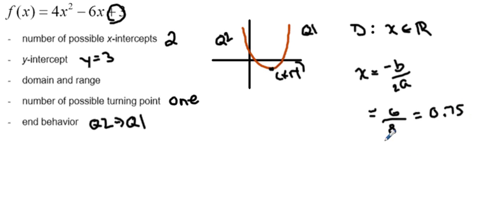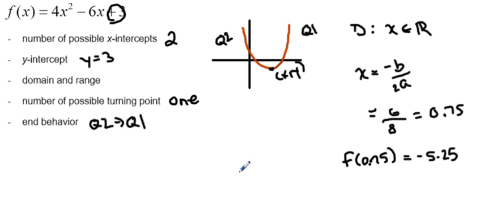Now in order to find out what the range is going to be, I need to find what that function is when x is 0.75. So I need to take this and plug it into my original function for x. If I do that, I'm going to get a value of negative 5.25.